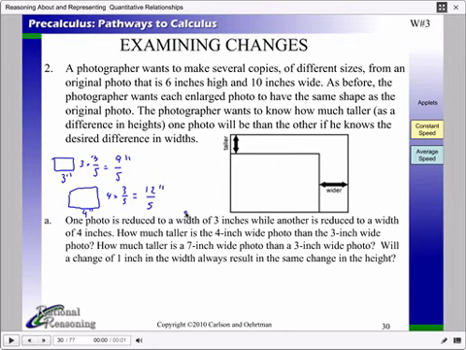Taking the width, multiplying by 3/5 to get the height. Constant multiple. That's the same as 6/10. Constant multiple is the number you multiply one quantity by to get the other. That's what I'm doing. I'm taking the width, multiplying it by 3/5 or 6/10 to get the height.